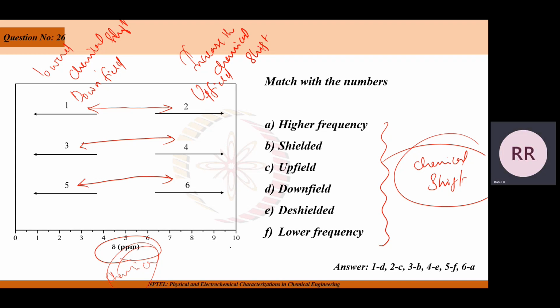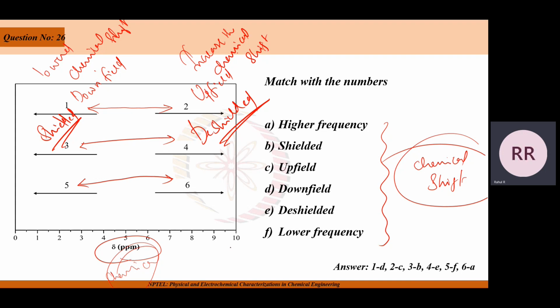The third one corresponds to shielded electrons, which also reduce the chemical shift, and the fourth one corresponds to deshielded. The deshielding effect will also increase the chemical shift.